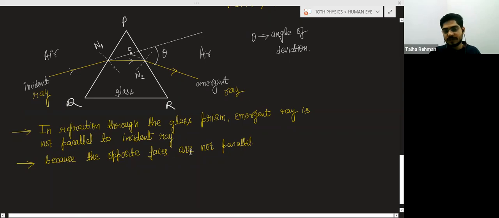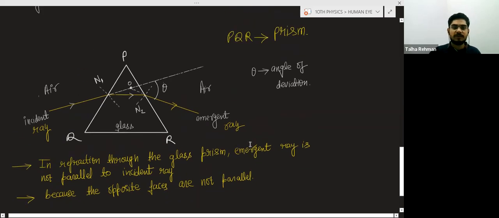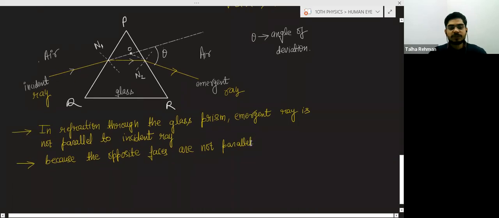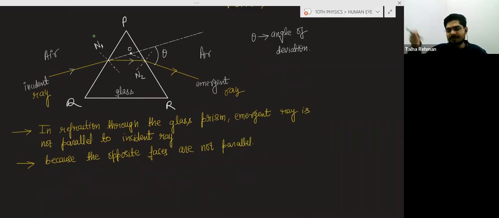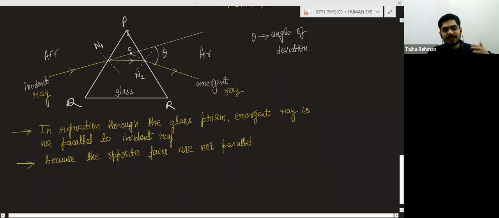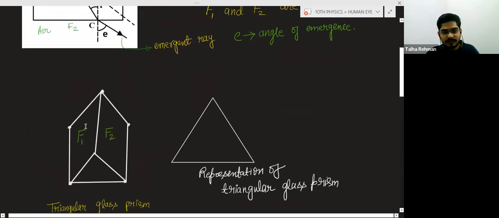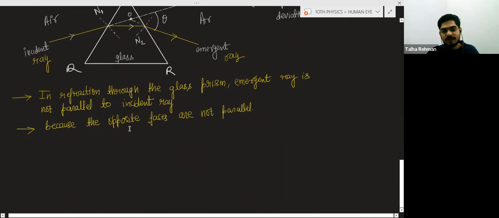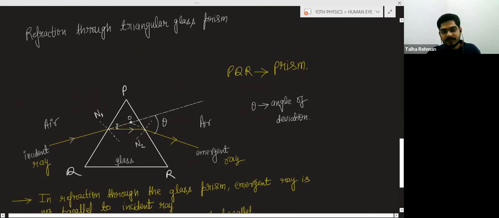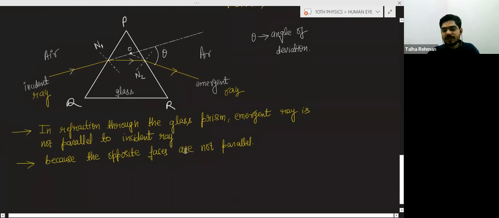Because the opposite faces are not parallel. What are the opposite faces? Here, PQ is just a line, not a face, basically. So you can say the PQ face and this face are not parallel. That is why there is a certain deviation between the incident ray and the emergent ray.